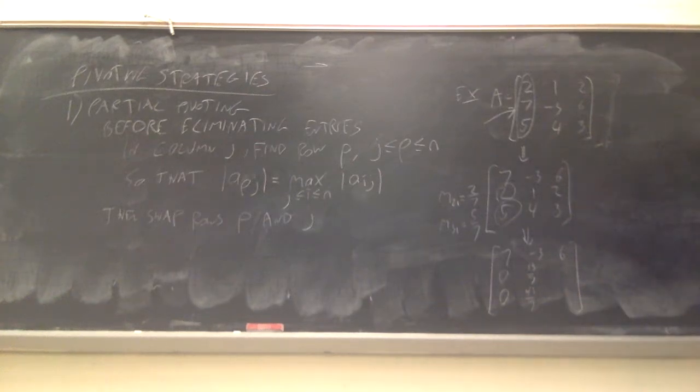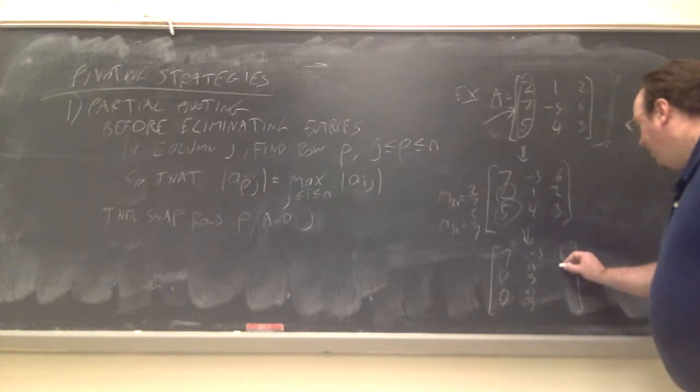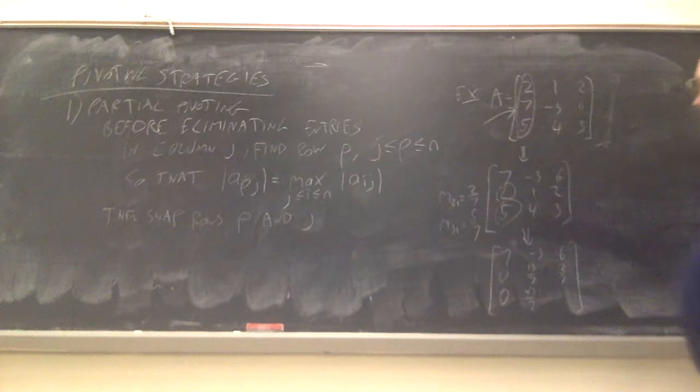Okay, and then I have 2 minus 12 over 7. So that's going to be 2 over 7. And then 3 minus 30 over 7.